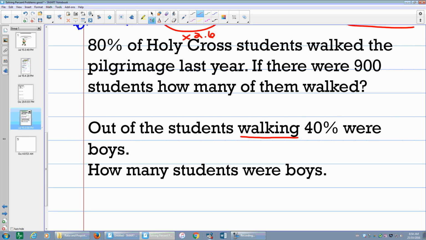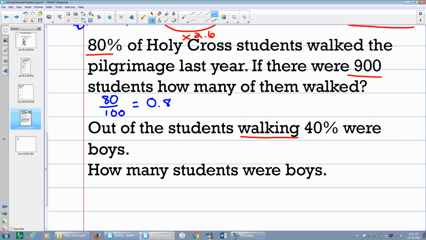I know last year that 80% of the students at Holy Cross walked. If there were 900 students, how many of them walked? So this kind of separated the question into steps here. So I'm going to figure out how many of them walked. I'm going to take this 80 over 100, because 80% we can write as 80 over 100, and I'm going to change that into a decimal. And we get here, when we do 80 divided by 100, 0.8.